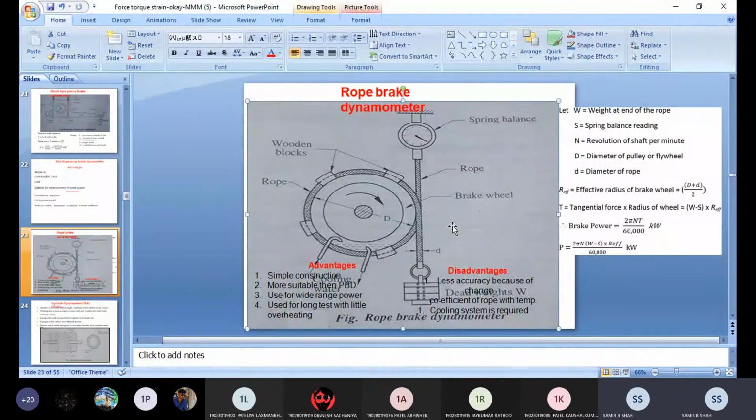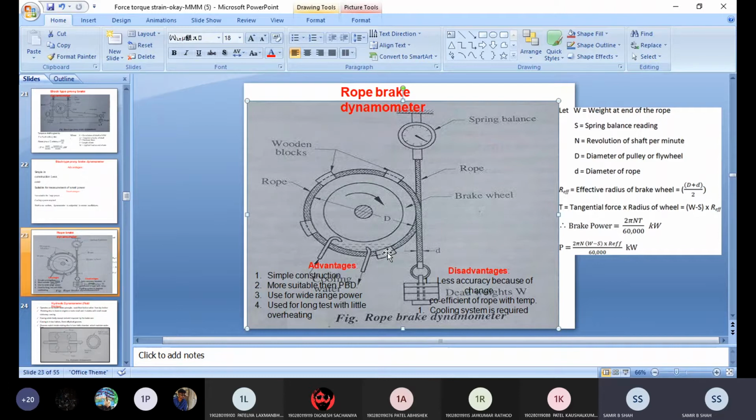To avoid the slipping of the rope, we are arranging 3 or 4 wooden blocks, so it may not slip and it may maintain the friction properly at the circumference of the pulley. Due to the friction between the rope and drum, a high amount of heat is generated.